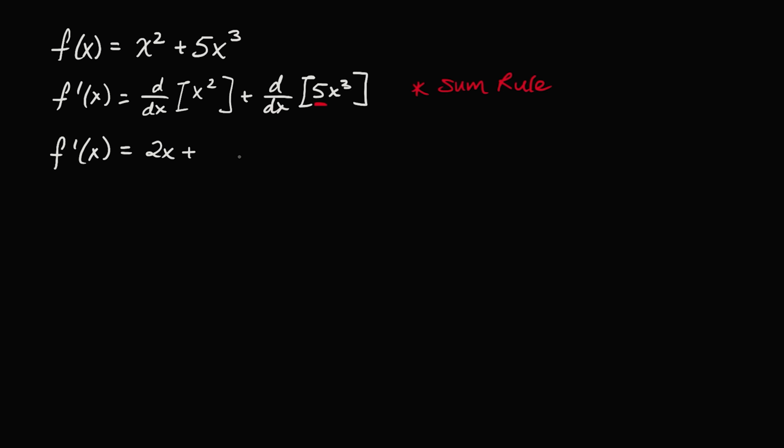So we're going to place that 5 outside of the derivative. So that'd be 5 times the derivative of x cubed, right? So in this case, we applied the power rule and the coefficient rule.